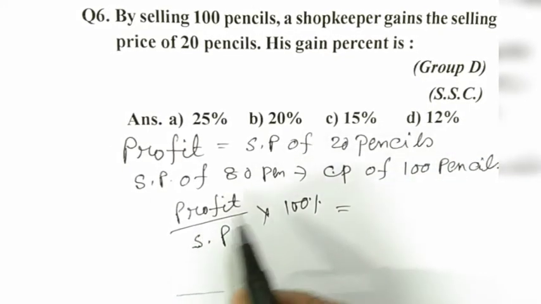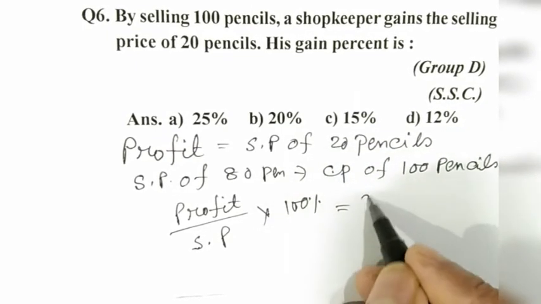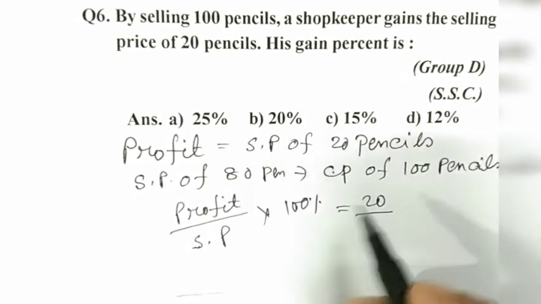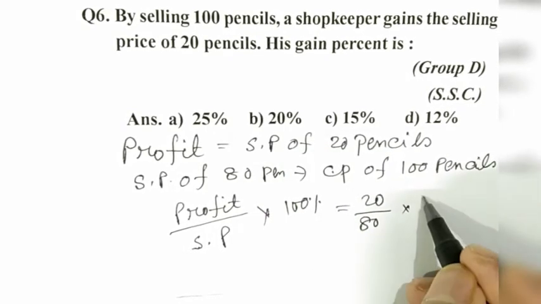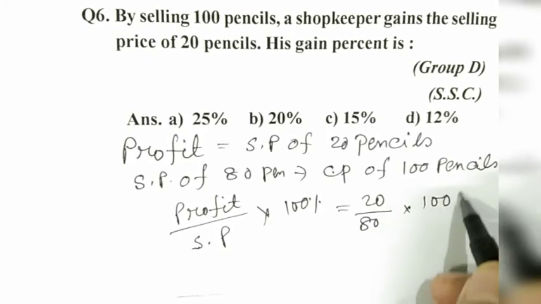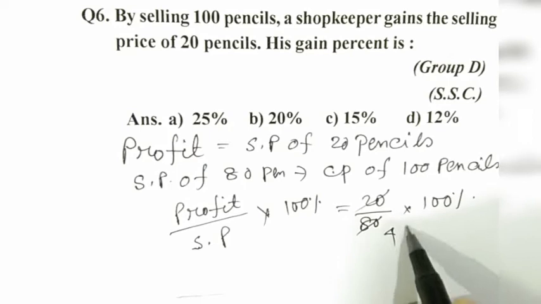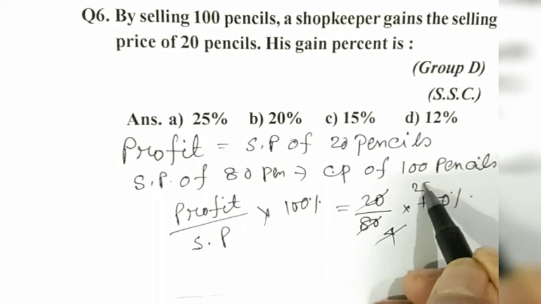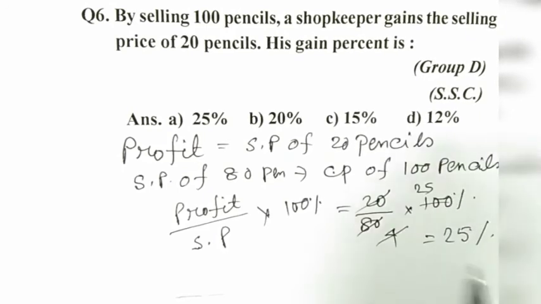Okay, the profit 20 by 80 into 100%, 25. Answer is 25%. Answer A. Okay.